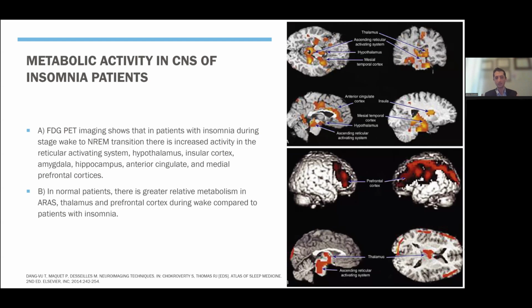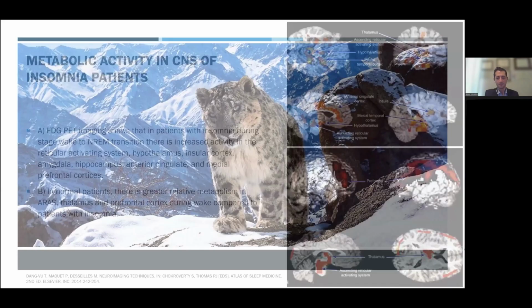That's the bottom line of that in patients who have insomnia. And in normal patients, when you're awake, there's actually more activity in that region of the brain compared to patients who might have other conditions or disorders. And so that opposing, paradoxical situation is what's postulated to be part of the reason why people develop insomnia.